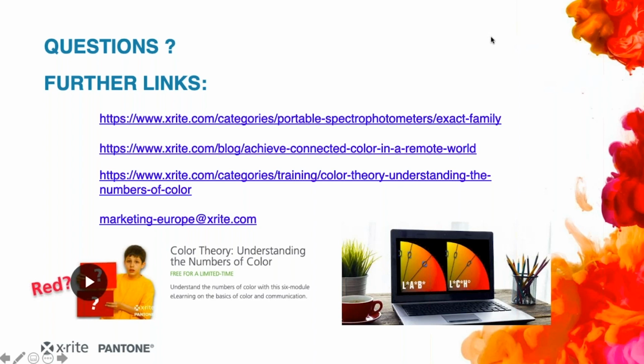In short, yes. Specifically on that topic, and again, we'll probably cover this in a future webinar as well, all eXact instruments from, I believe, serial number 29,000 and above have this functionality included by default.